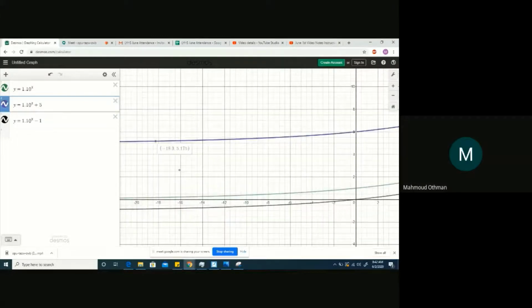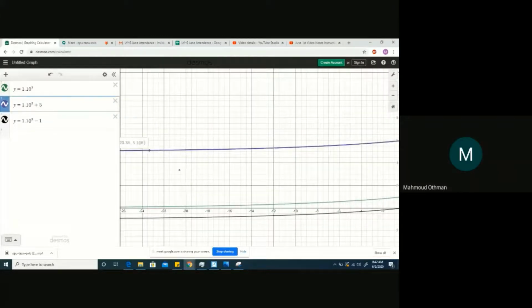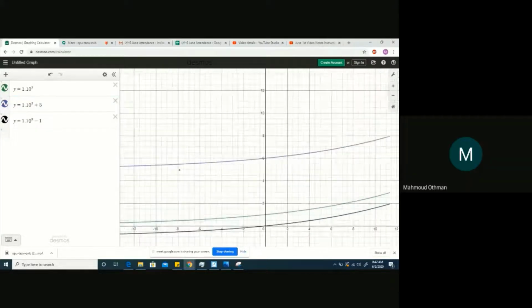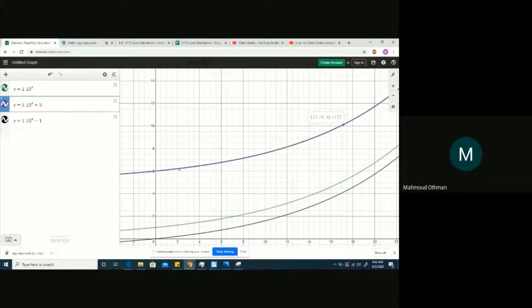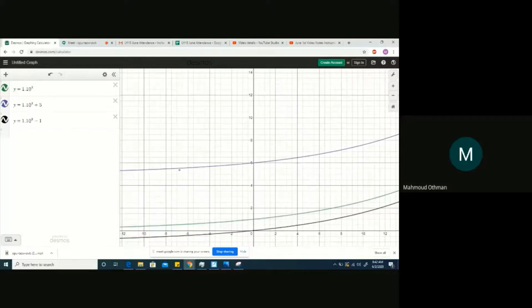If I go all the way to the left, it looks like this guy tries to approach 5. And as I go to the right, y also increases, so it goes to infinity.